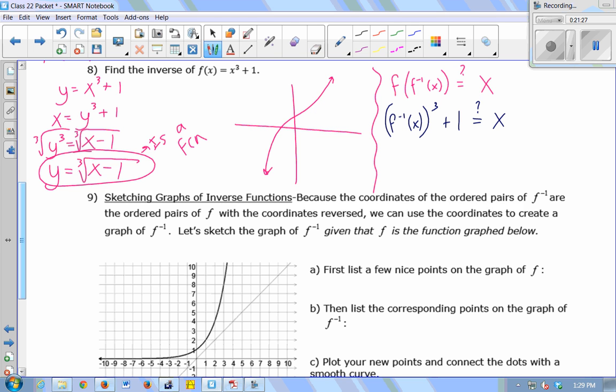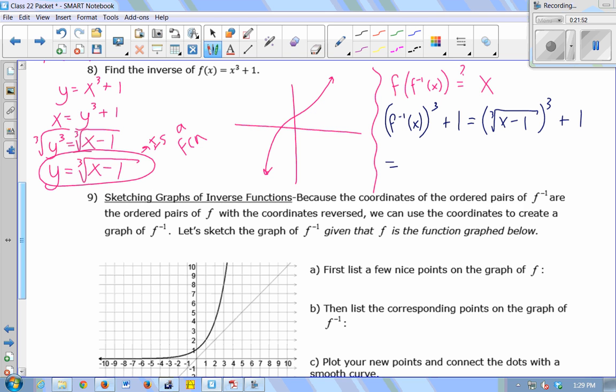Does that equal x? Well, save a little room here. Okay, f inverse has a formula that I just found, and I'm going to replace f inverse of x with its formula. So this is just a little substitution, and the formula for f inverse is the cube root of x minus 1, and I'm going to cube that and add 1.